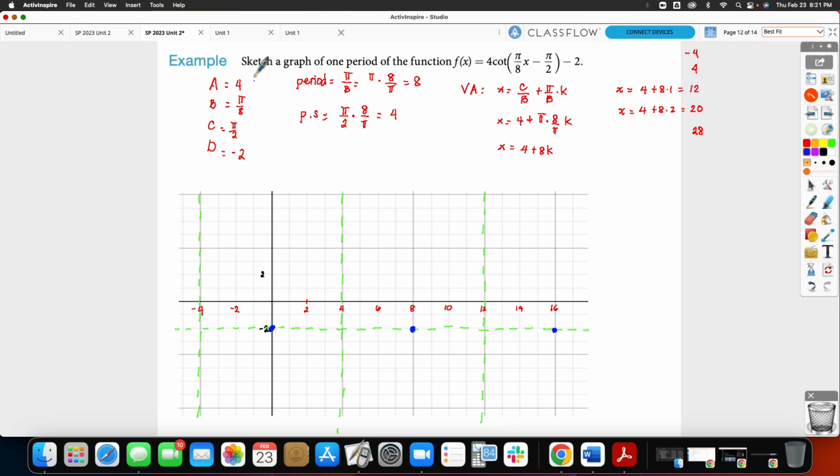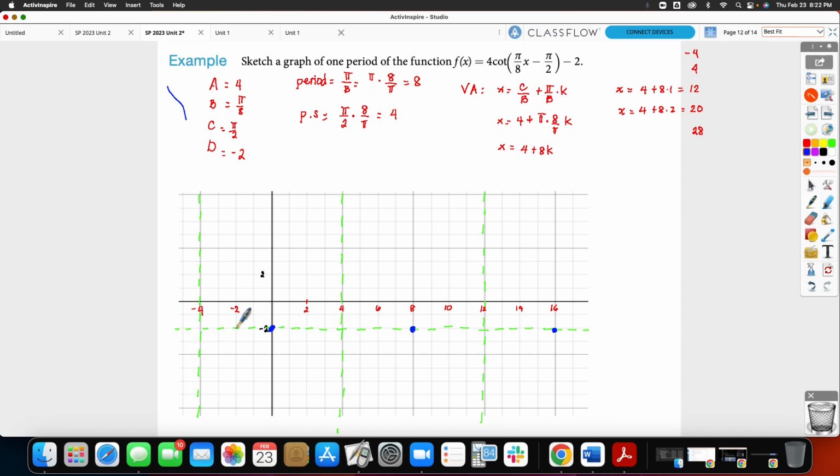Our A, the vertical stretch, is equal to 4. Now, this is a cotangent function, and the cotangent function is decreasing when A is positive. It looks like this. So we go to the midpoint between the left asymptote and your point here on the midline.